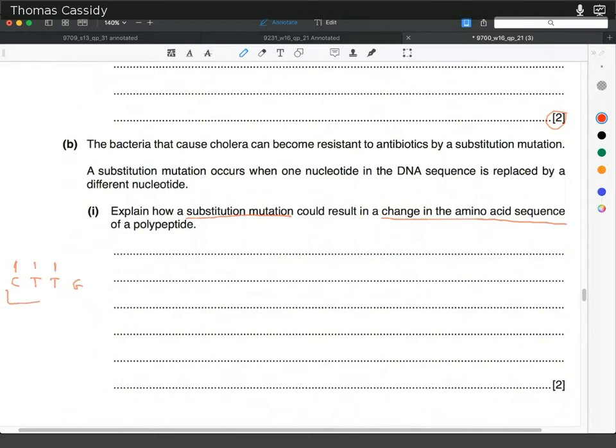Every 3 that we get codes for a certain amino acid. So this combination makes 1 amino acid. If it's a G in the middle, then it's a different amino acid.